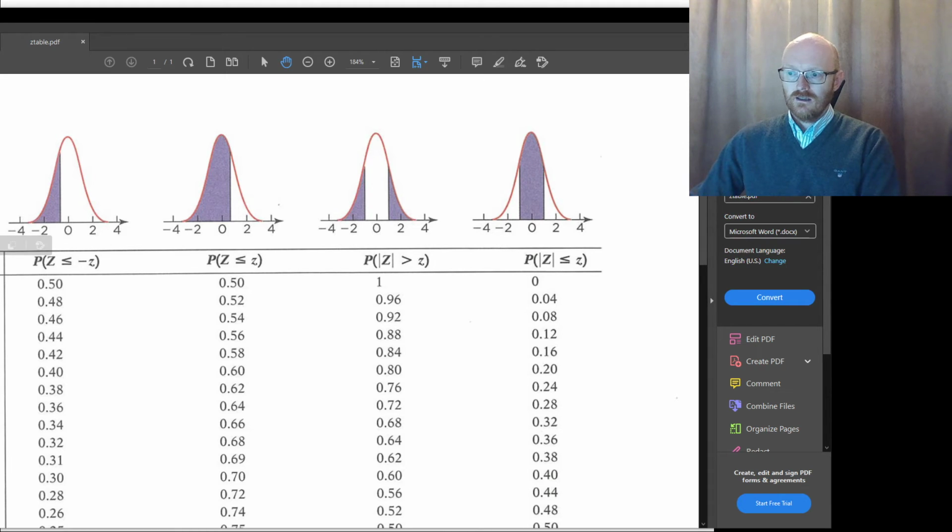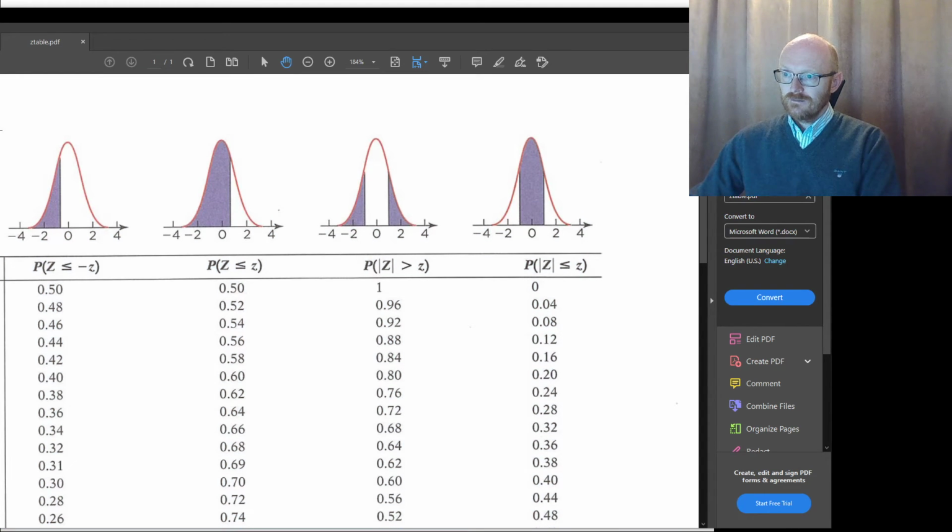It's the number of standard deviations away from the center, from 0, and we are looking at a one-sided test, right? We want the area under the curve for a one-sided test.